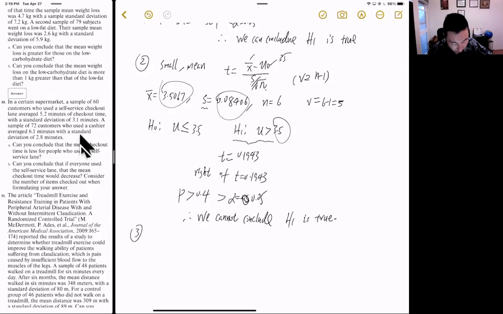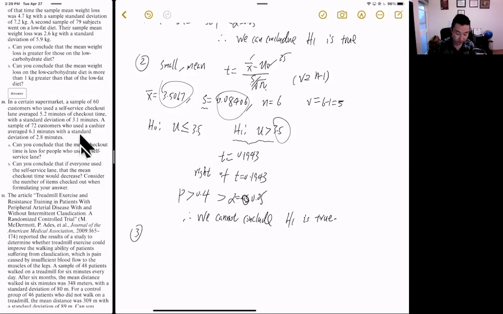In certain supermarkets, a sample of 60 customers who use the self-service checkout lane average 5.2 minutes to check out, standard deviation 3.1 minutes. Another sample of 72 customers who use a cashier average 6.1 minutes, with a standard deviation of 2.8 minutes.